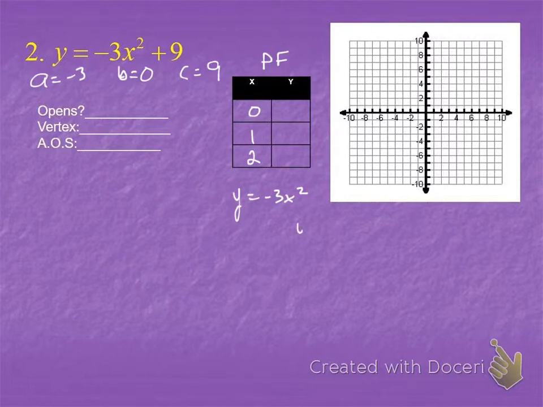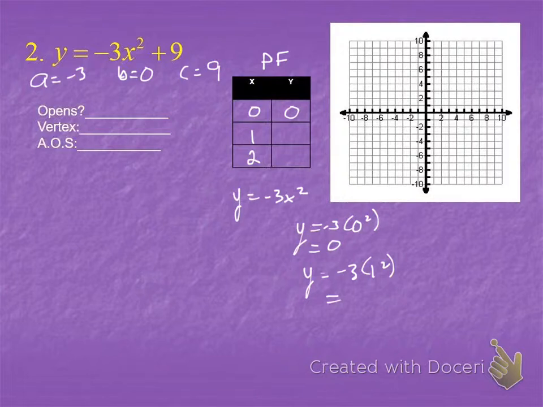Okay, now if I plug in 0 for x, I get 0. This is going to be 0. If I plug in 1 for x, and I'm just plugging it into the parent function because this is a parent function table. 1 squared is 1 times negative 3 is negative 3.